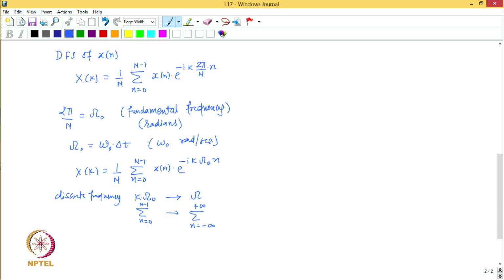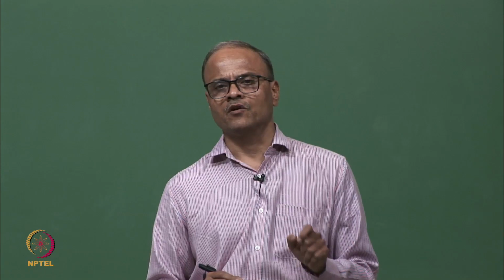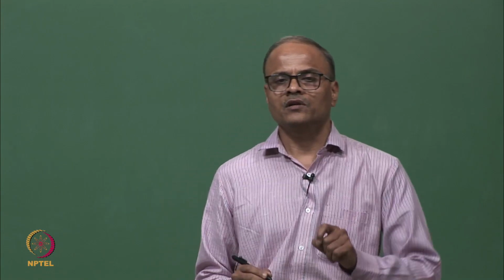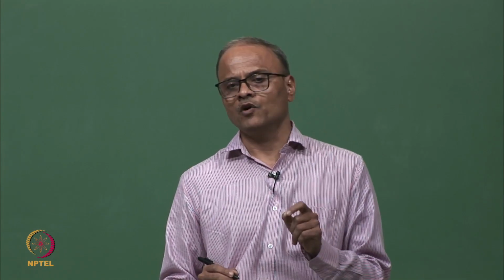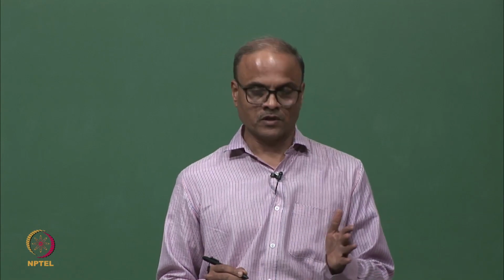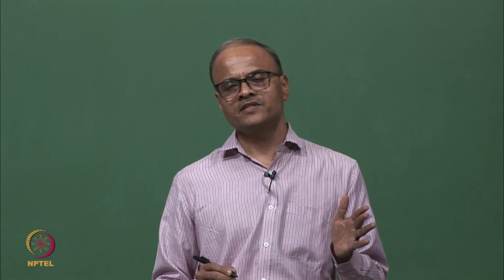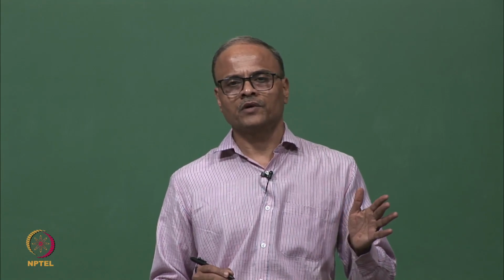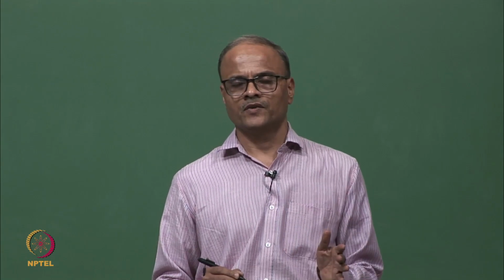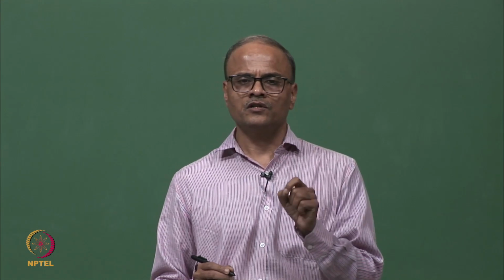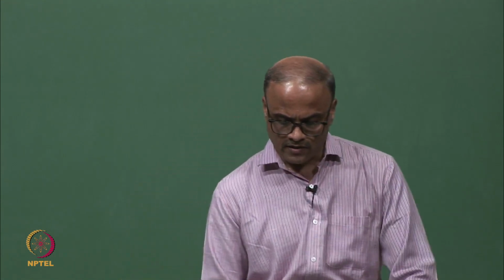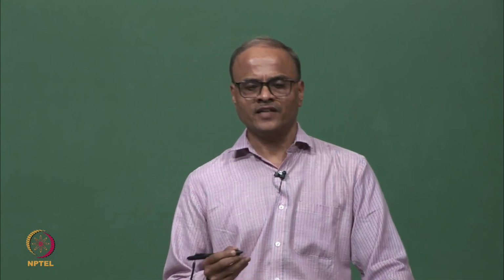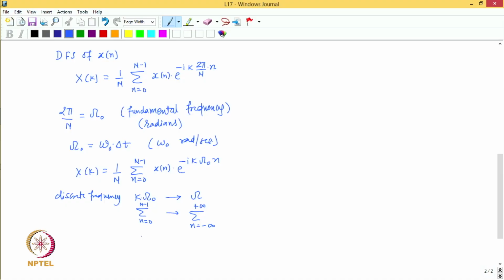In addition, the strength of individual frequency component xk will also no longer be finite, it will become infinitesimally small, right, because the frequency components have become continuous, they are no longer discrete. So, the strength of individual specific frequency components becomes infinitesimally small, and hence instead of finding the limit of xk, we find the limit of xk upon 1 by n.